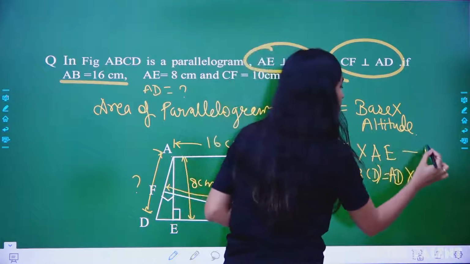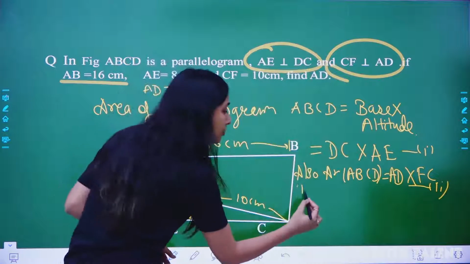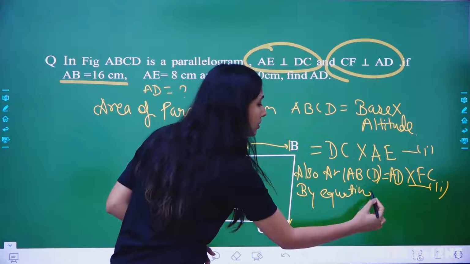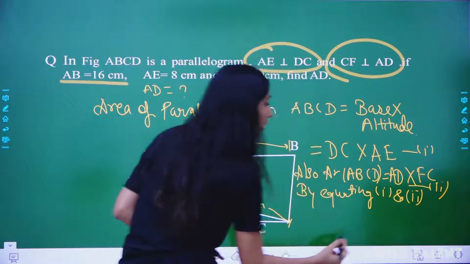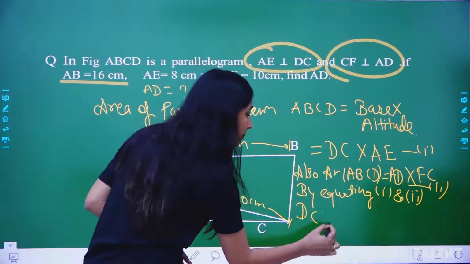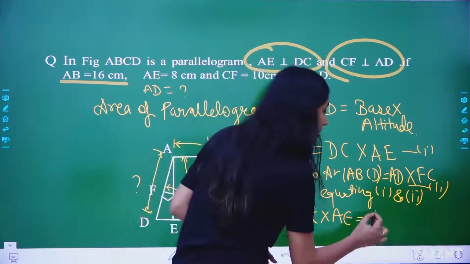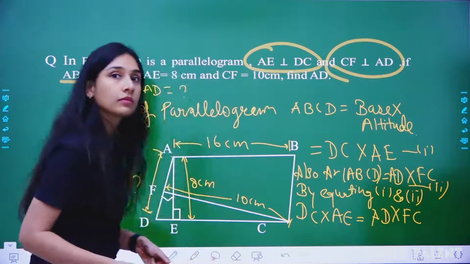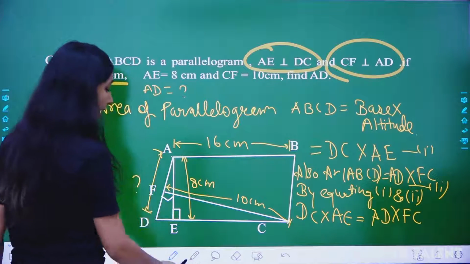This is the first equation, this is the second equation. By equating 1 and 2, I've got DC multiplied by AE is equal to AD multiplied by FC. Got it?